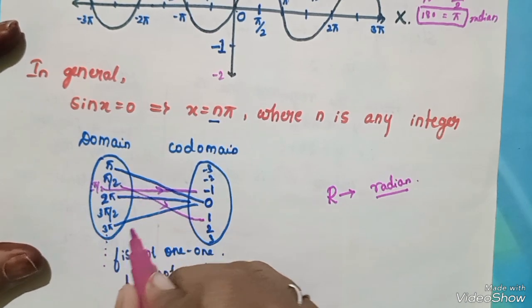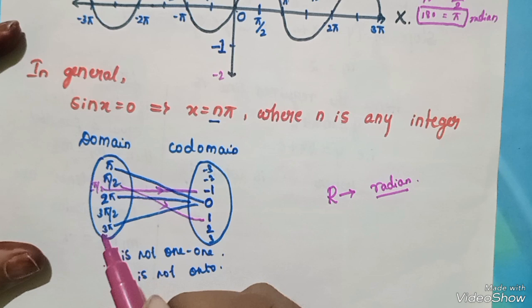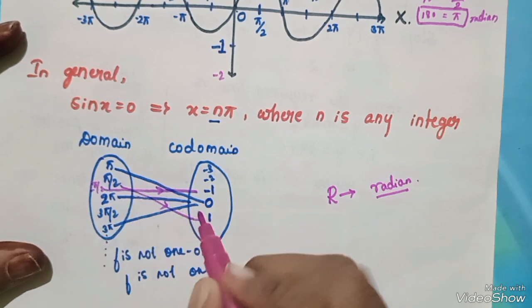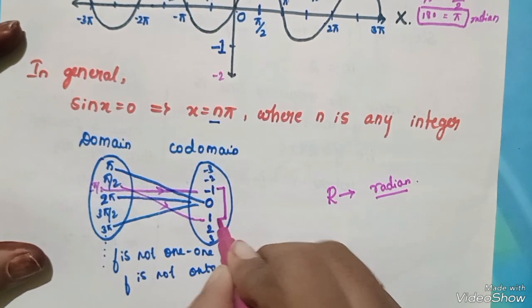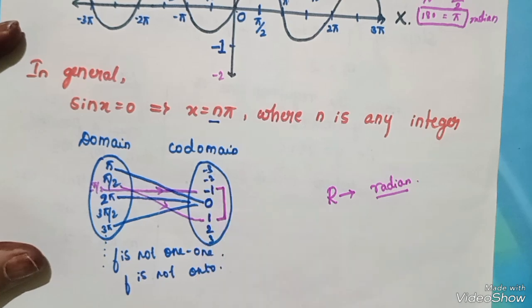All the values taken in this domain only give results from minus 1 to 1.